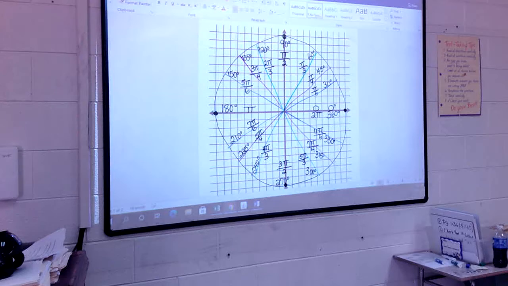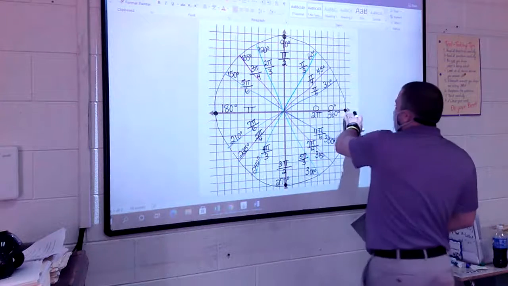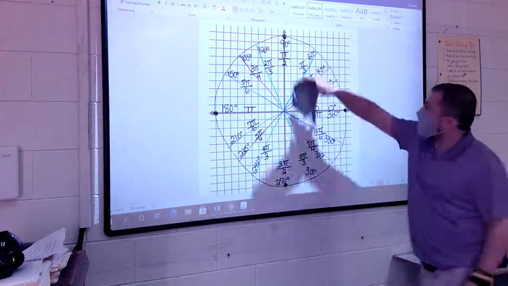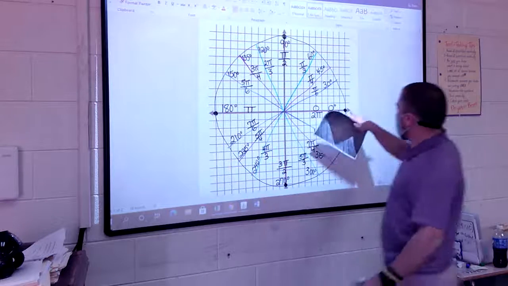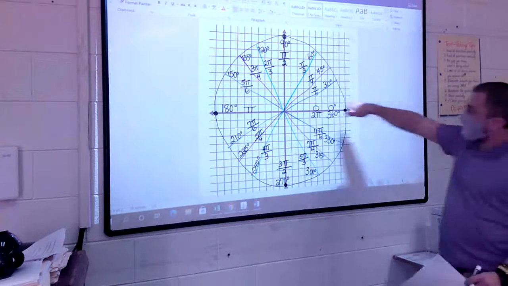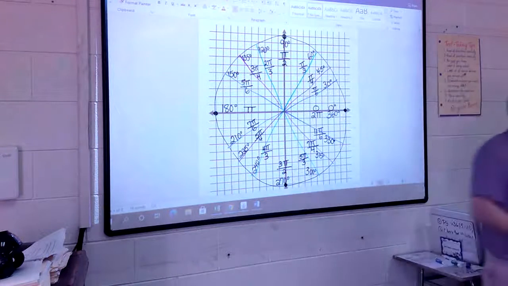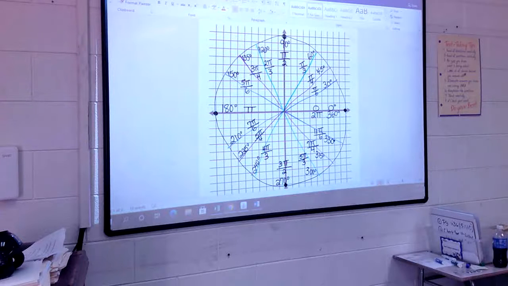These points are, and so I have a point down here, I have a point up here, I have a point over here, and I have a point over here. Well, this is my x-axis, and this is my y-axis. In a unit circle, it only goes 1.